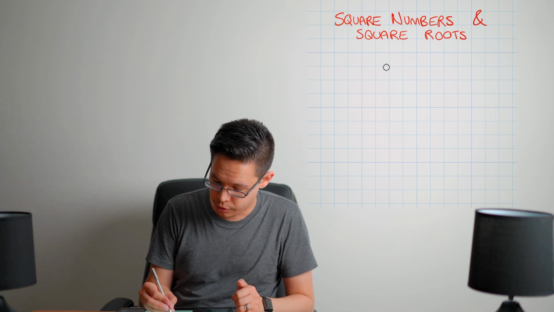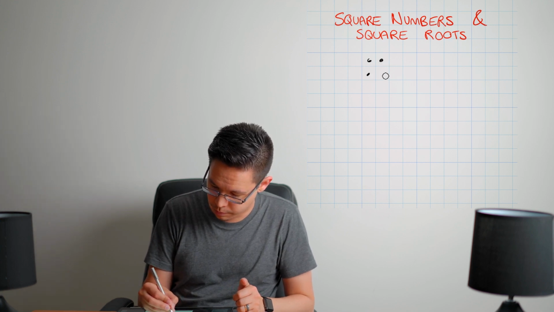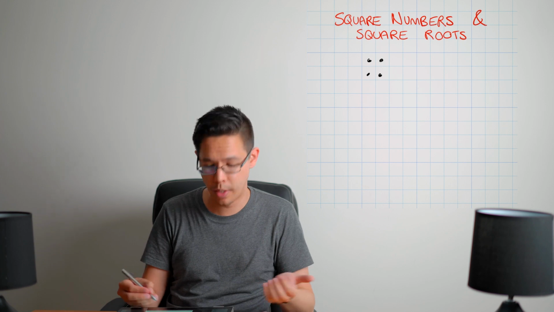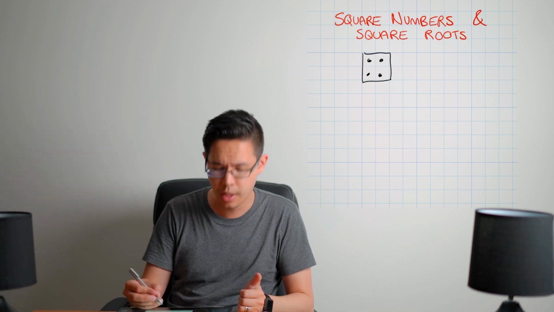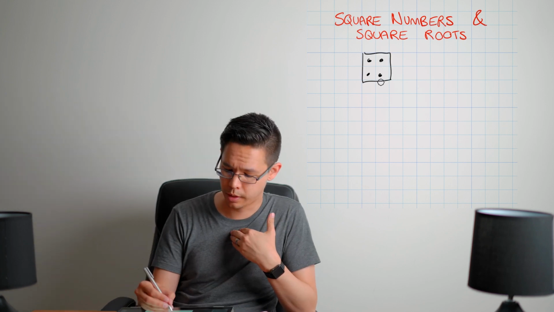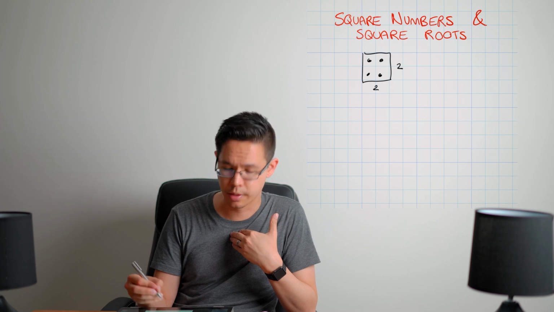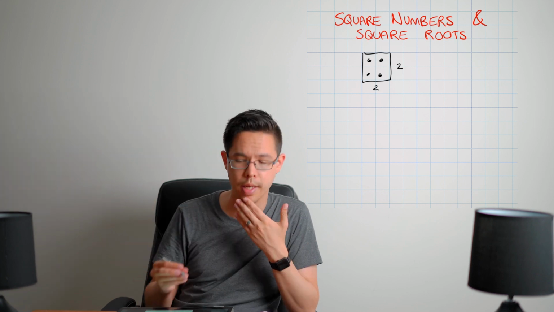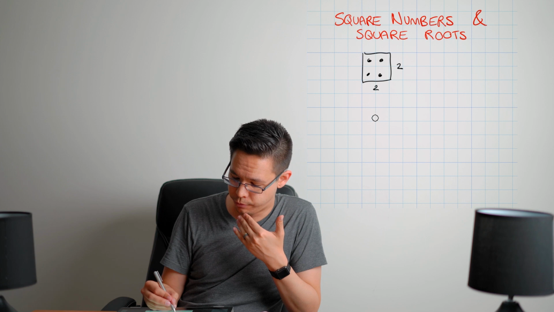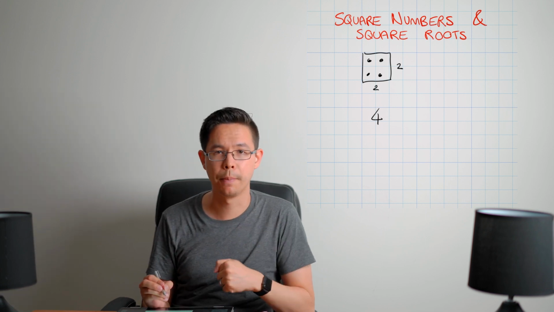So I could have a square that is 4 dots, that gives me a square. I can literally make a square where the dimensions of that square are 2 and 2, so 2 across and 2 high. So the number 4 is a square number.